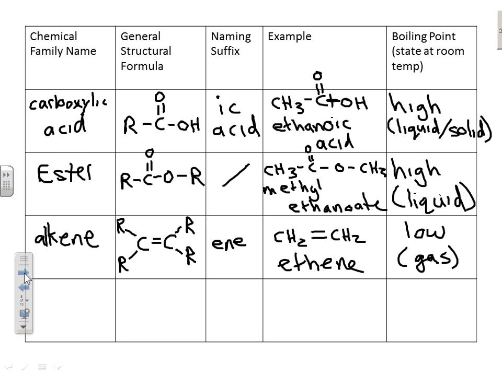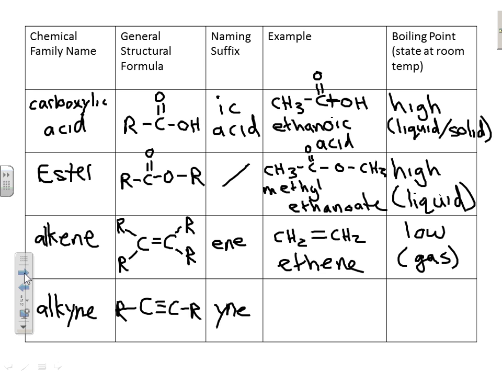And the other functional group we've learned, C triple bond C. Again, I'm putting R groups on it. It could be H's, but I'm putting R groups there. And what are these called? Alkynes, good, ending y-n-e.